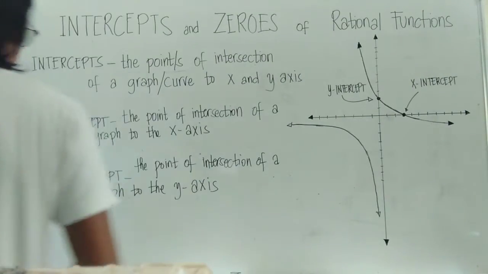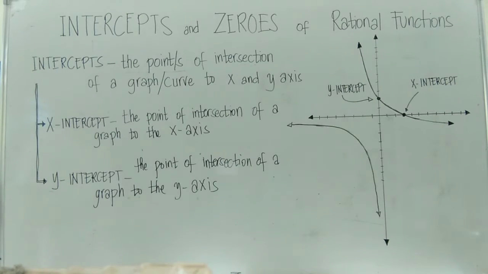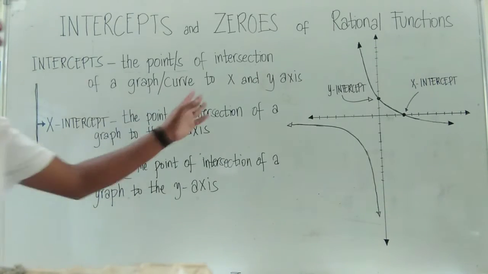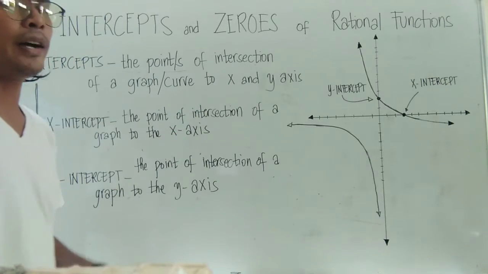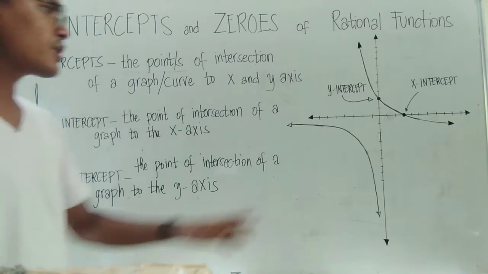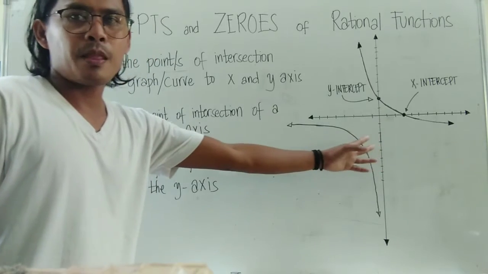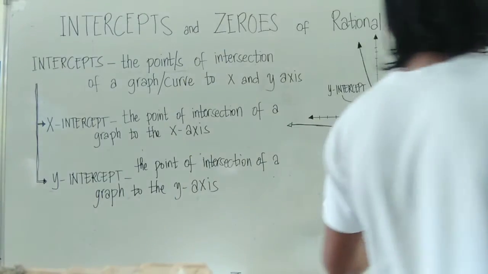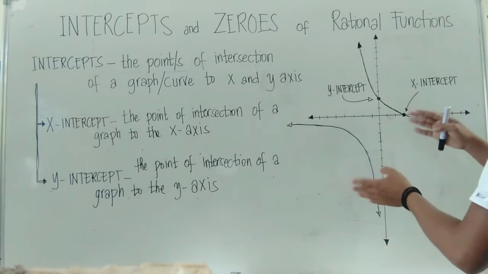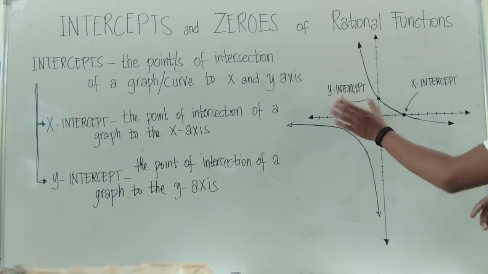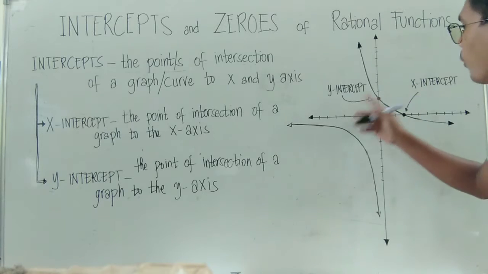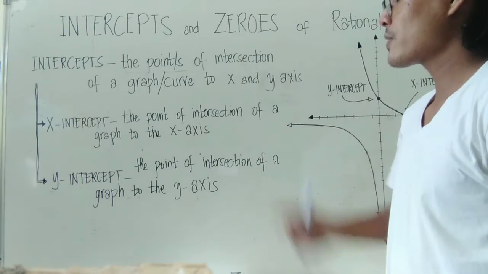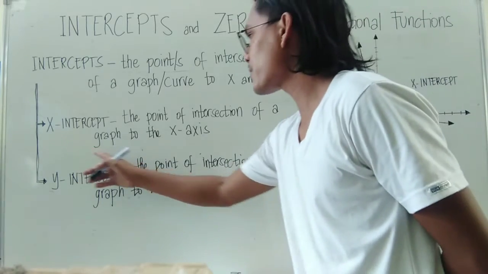By definition, intercepts are the point or points of intersection of a graph, curve, or line to the x and/or y axis. I will give you a visual presentation of an example of a rational function and its graph, and where to find its y and x intercept. Before that, let us define the x-intercept.